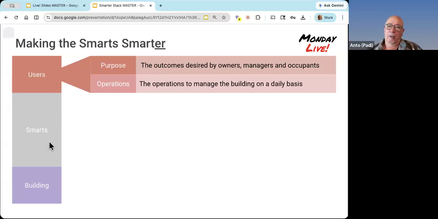The other type of users are those that actually operate it. These are the individuals that run the FM, run the energy system, or maintain the buildings, but they're there to make the building operate. That's the operation side of things, so it's good to separate those two.